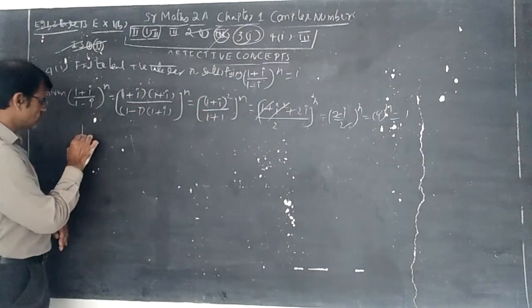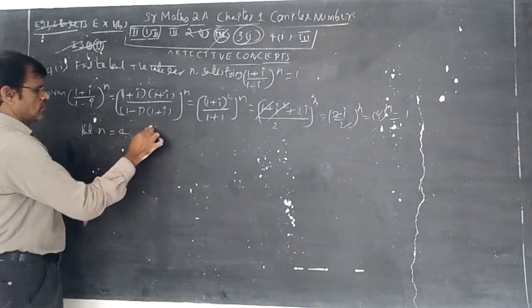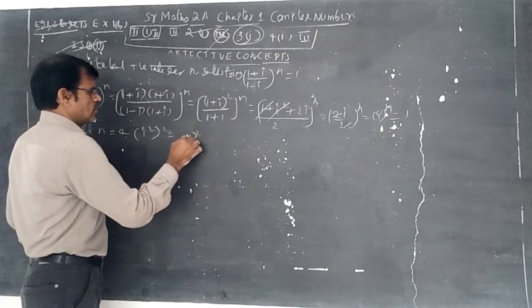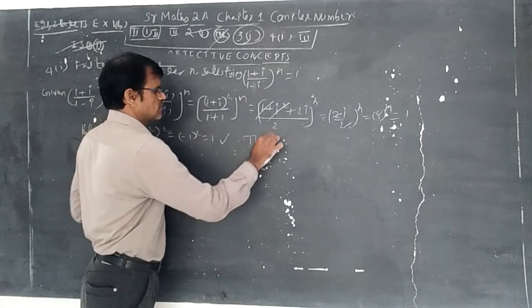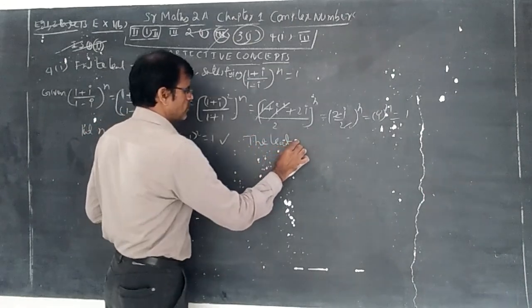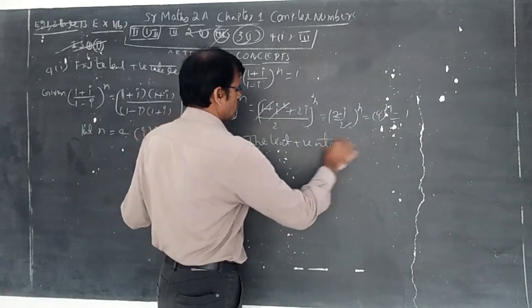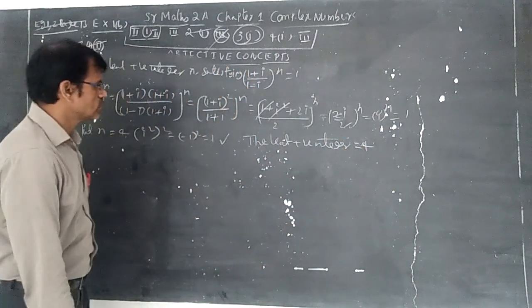Put n is equal to 4: (i square) whole square, minus 1 whole square, equal to 1. Therefore, the least positive integer is 4.